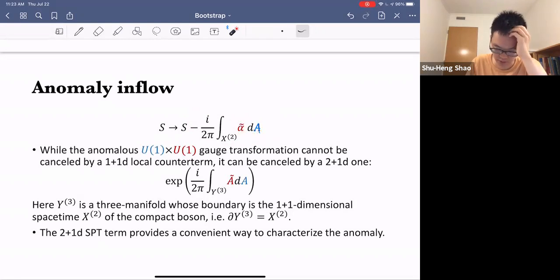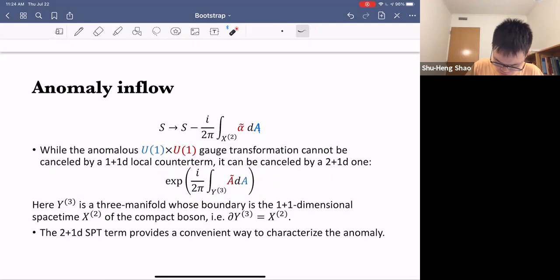How do we cancel this by a 3D or 2 plus 1D counterterm? Well, here's an easy candidate. You pick a 3 manifold whose boundary is the 2-dimensional spacetime of our free boson, and you extend your gauge field to the bulk. And then you see that the gauge variation of this manifestly gives you this.